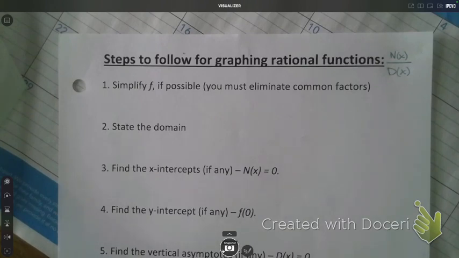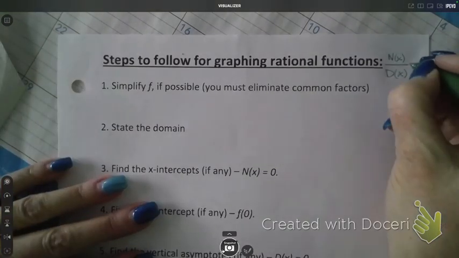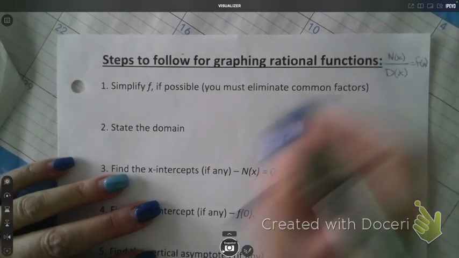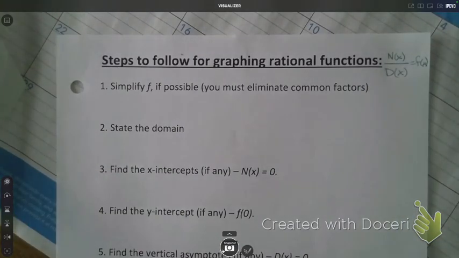So the first thing you're going to do is simplify f. F is the whole function. You're going to simplify f if possible. You must eliminate common factors. So how did we simplify f? What would we write there to remind us what to do?